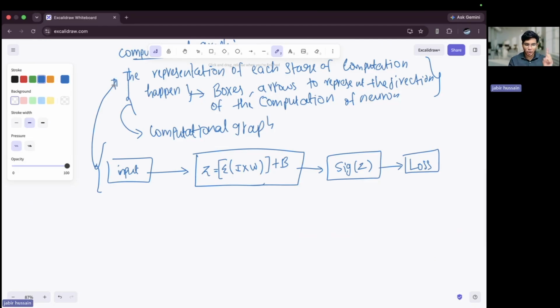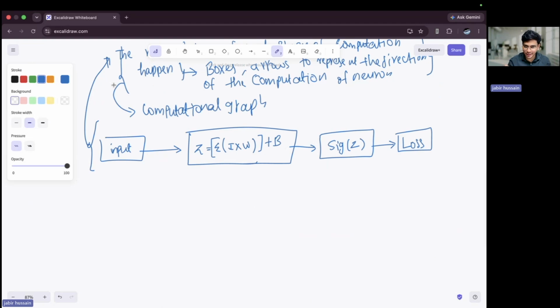Okay, got it. One terminology completed, another terminology: forward pass. Forward pass is moving from left to right. If I move in this direction, from left to right, taking inputs, calculating output, then sigmoid, then loss, we call this forward pass.